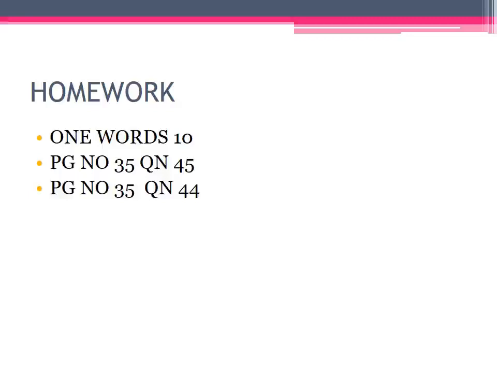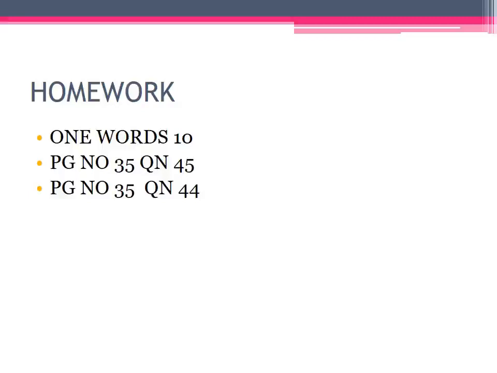Page number 35, question number 44: first equation and second equation, do by the oxidation number method. And page number 35, question number 45: the first one and second one you do. Only 2, I am giving only 2.